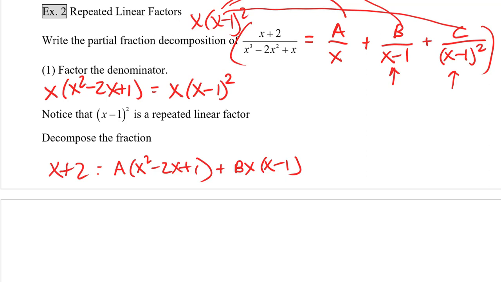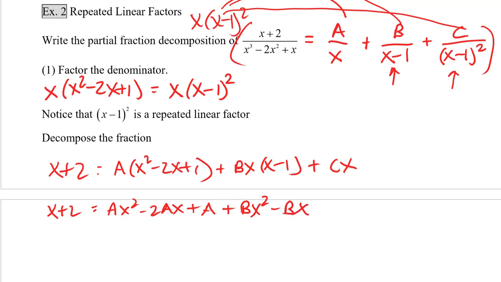And when I distribute over here, my x minus 1 squareds cancel, and I have plus cx. Now I have to simplify by distributing. So I have x plus 2 equals ax squared minus 2ax plus a plus bx squared minus bx plus cx.